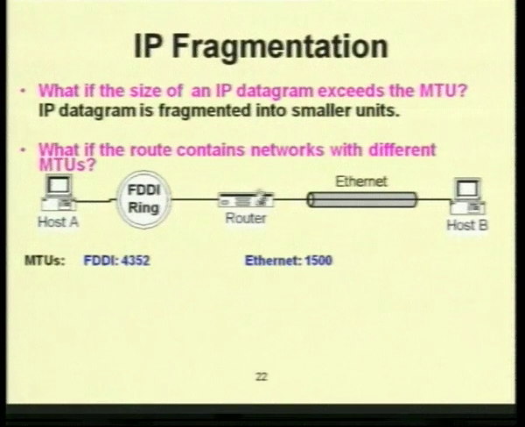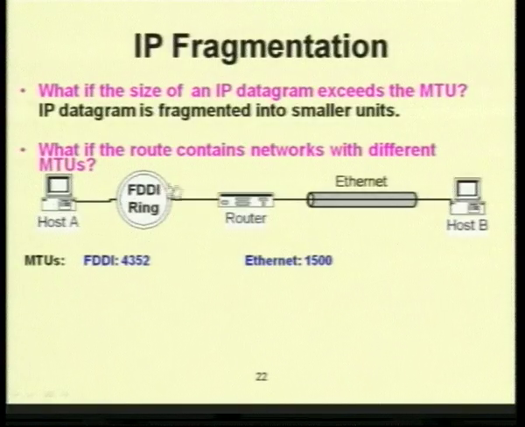Then through a router it goes to an Ethernet network which has an MTU of 1500 bytes before it reaches host B. If you had just a single network between two hosts, then your IP layer, since it knows which data link layer it is running on top of, can always just look at the MTU of that and make sure that it only sends packets of that particular size. That is easy to do. But when you have two or more networks, each with different MTUs, what is to be done? That is the question.